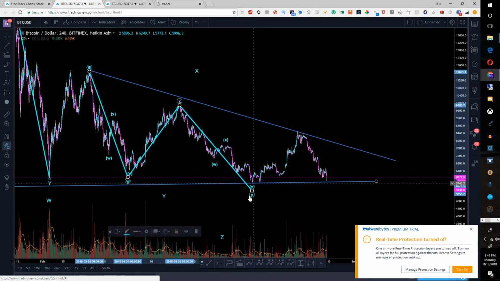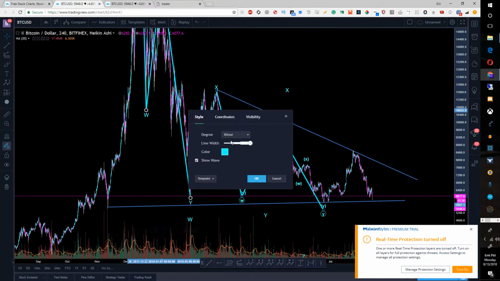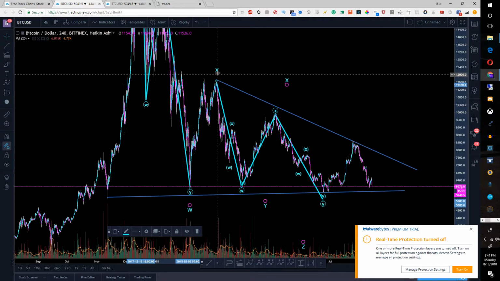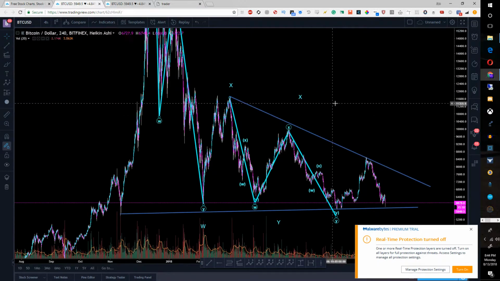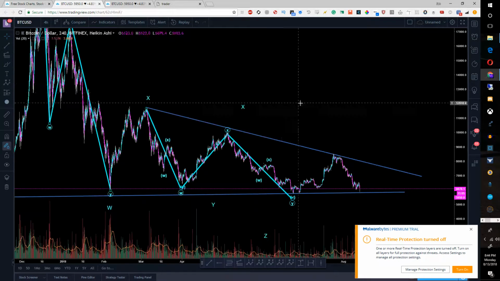Boom, bam, and that's how it'd be. Actually, this needs to get dropped down a degree. I'm not really using the right degrees for it, but you get the idea. Degrees are basically a measurement of length, or time. So the bigger the degree, the bigger the time period essentially.